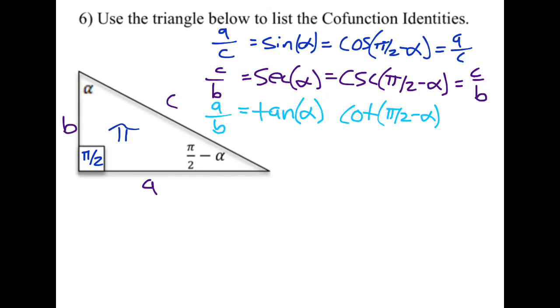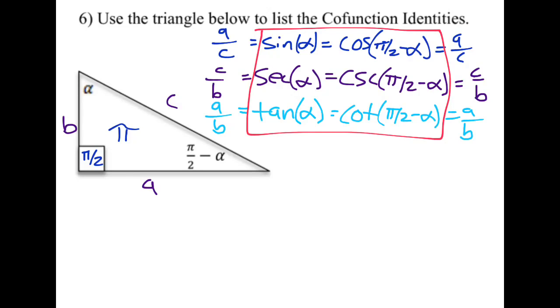The adjacent side from pi over 2 minus alpha is A. And the opposite side from pi over 2 minus alpha is B. So again, they equal each other, so they are equivalent. And so we have our co-function identities. Sine of alpha equals cosine of pi over 2 minus alpha. Secant of alpha equals cosecant of pi over 2 minus alpha. And tan of alpha equals cotan of pi over 2 minus alpha.